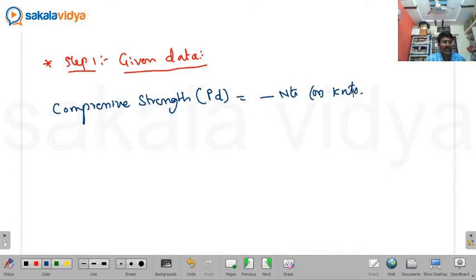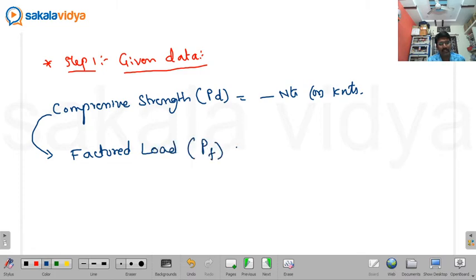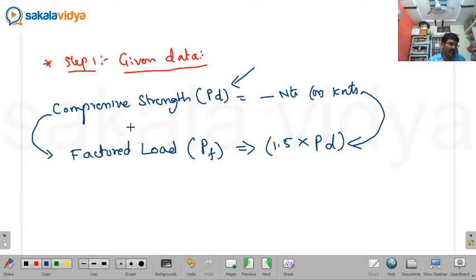This design compressive strength we have to convert into factored load. Factored load PF is equal to 1.5 multiplied with the design compressive strength. If we multiply 1.5 with the design compressive strength, it is transformed into factored load. So this is our first and foremost step.